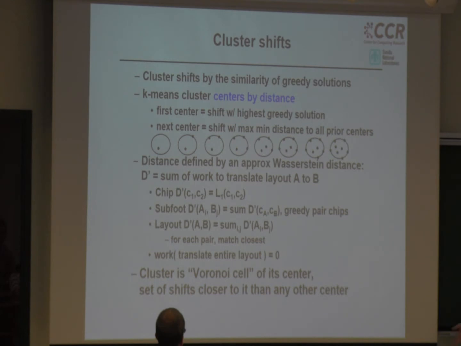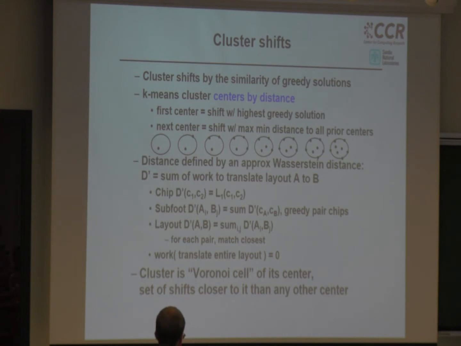And we did a k-means, kind of a k-means clustering on that, meaning you pick one cluster center, and then the next cluster center is the point that's furthest from all prior centers. Think of it as a sort of a Voronoi property, but in this weird discrete space.